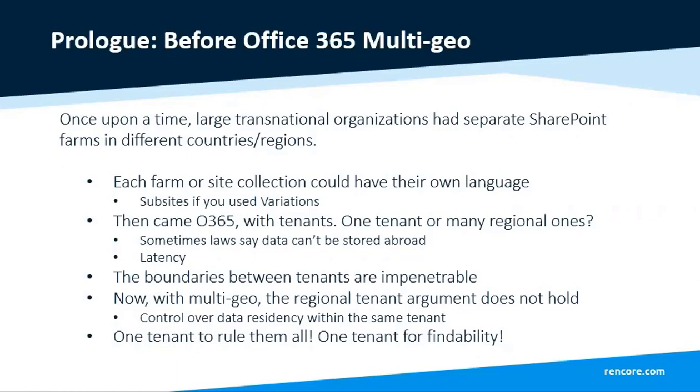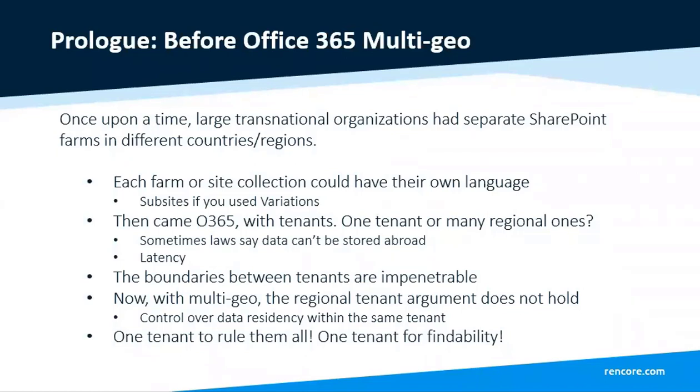So Multi-geo is a way in which you can have a single tenant, and yet the data for people in one country can be stored in that country, whereas the data for people in another country can be stored in a different country. So with multi-geo, the regional tenant argument, the legal argument about data location, and the network argument about latency doesn't hold.